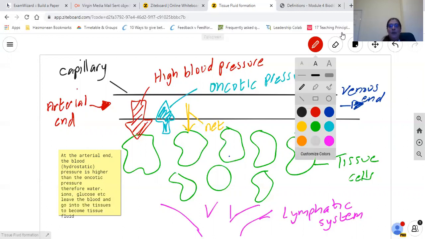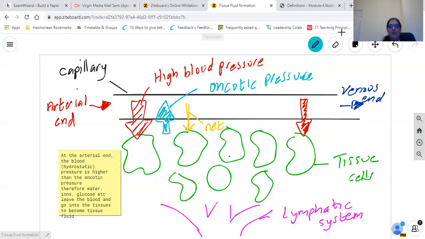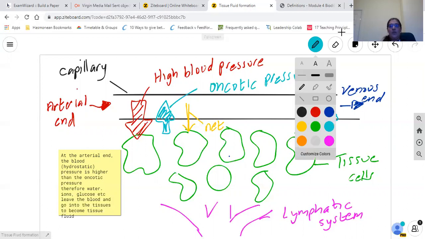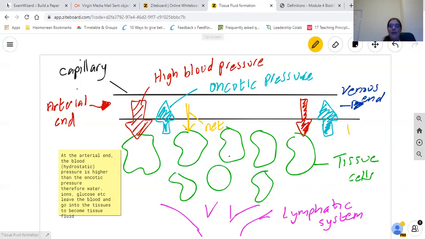But my blue arrow, okay, if anything, would have slightly increased because there's now going to be even less water inside there. So therefore, the oncotic pressure is now going to increase, which means that my net movement in this direction, this end, will be into the blood.